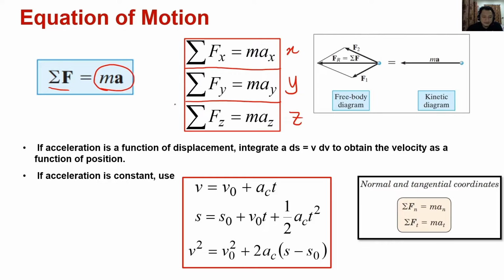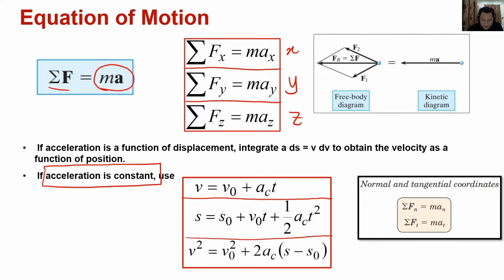If the object in motion satisfies certain kinematic constraints, for example the acceleration is constant, then you may still remember the three formulas from last week that we can use for an object under constant acceleration.